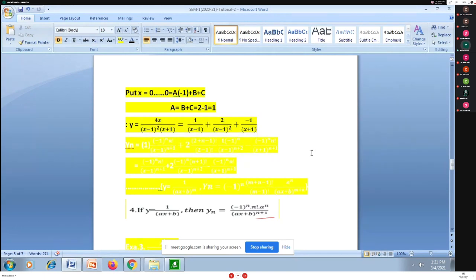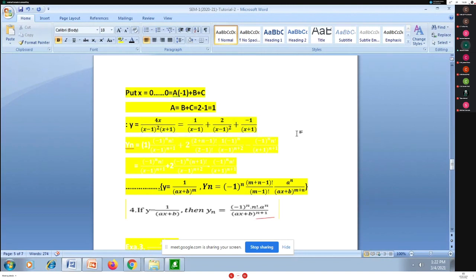So for that purpose I have to use another formula, and that formula is: whenever I'm having y is equal to 1 upon (x plus b) raised to m, at that time I am having nth derivative in factorial form, minus 1 raised to n into (m plus n minus 1) factorial upon (m minus 1) factorial into a raised to n upon (x plus b) raised to m plus n. These two formulae I have to use at a time here for finding the nth derivative in this example.